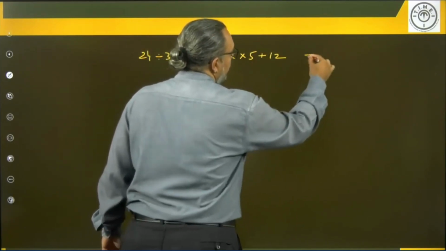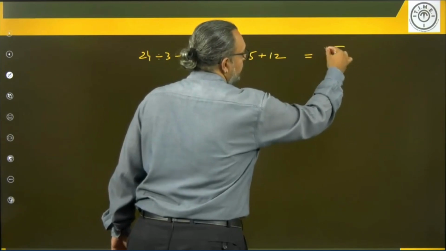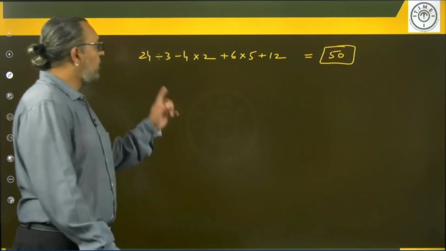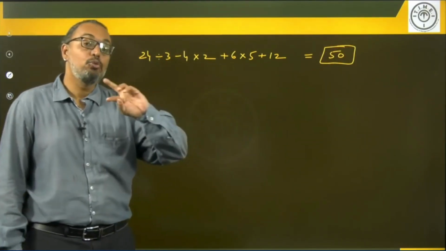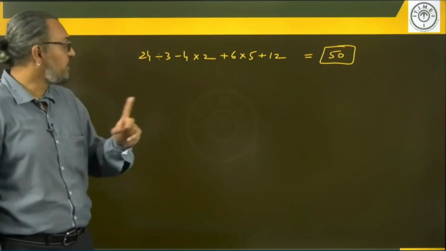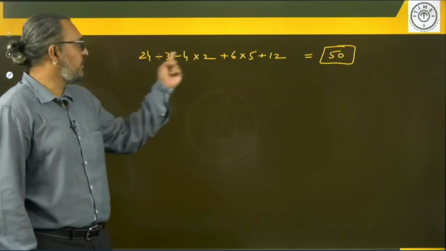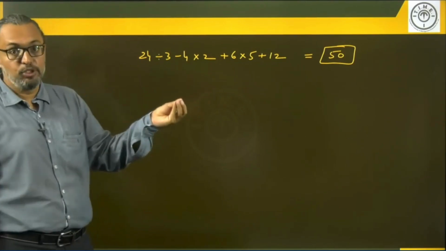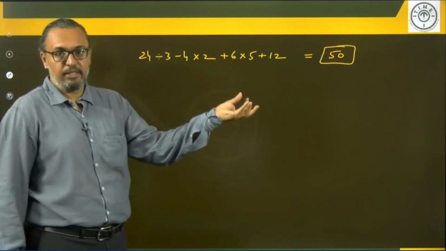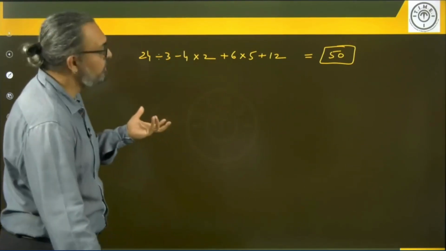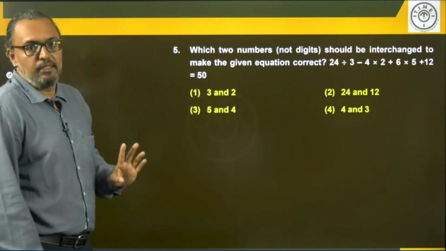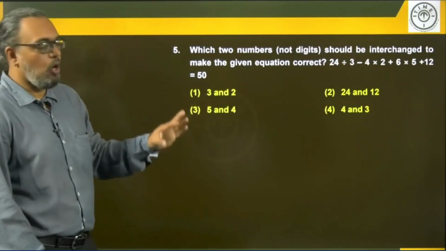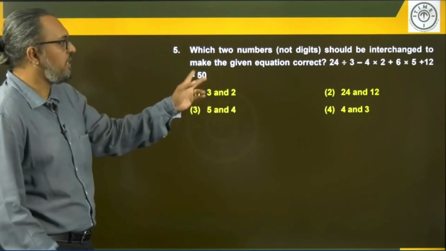Now on the right hand side the number is fixed: 50. Among the left hand side numbers, which two numbers do I have to interchange, not digits? Because there are double digit numbers, 24 and 12, you cannot take digits individually, only the numbers. So we will have to go option by option. The first option is 3 and 2.